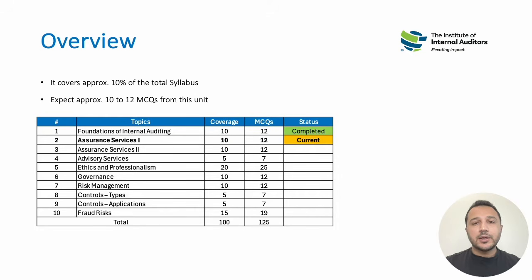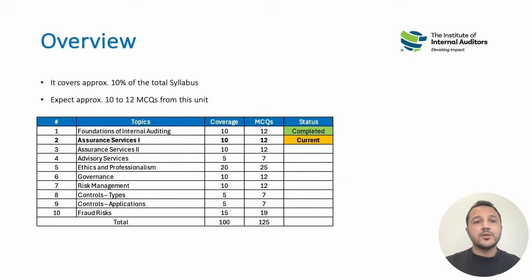This entire lecture covers somewhere around 10% of the entire CIA Part 1 syllabus. So overall, by the end of this unit, we could have covered around 20% of the entire syllabus.